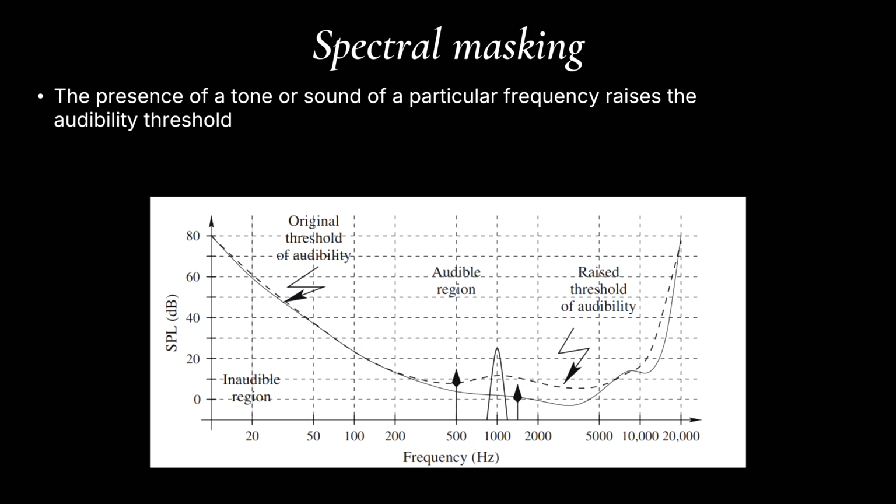The energy of that tone is not perfectly spiky, but it's fairly spiky. And then there's this dotted line that goes along, and you can see it raises the threshold of audibility. So by default, we not only have our base audibility threshold, we also have a threshold that we can adjust up and down depending on what is happening in our track.